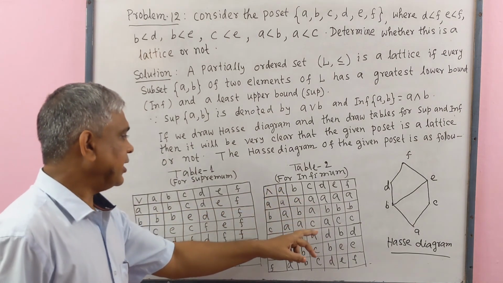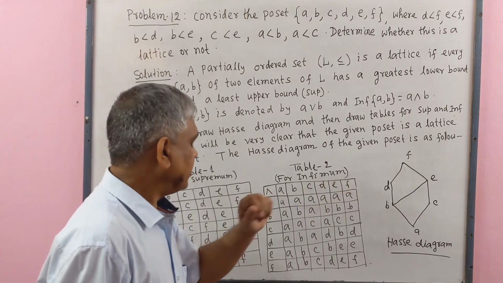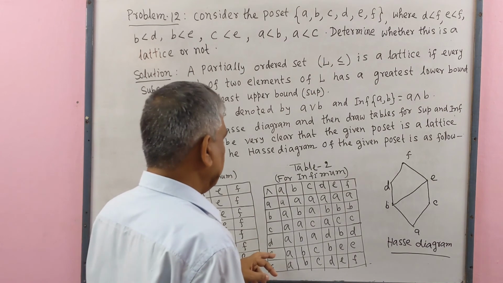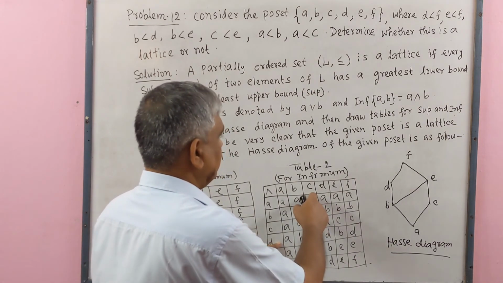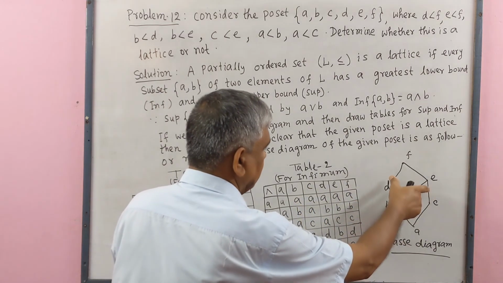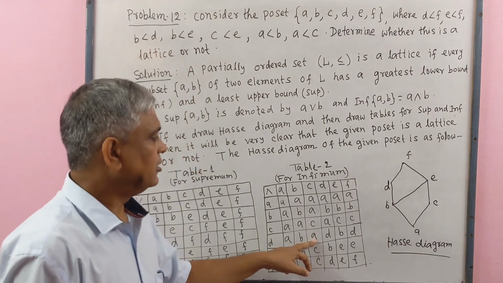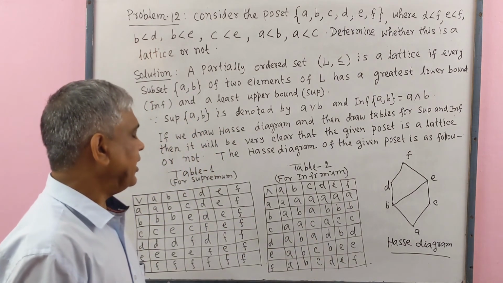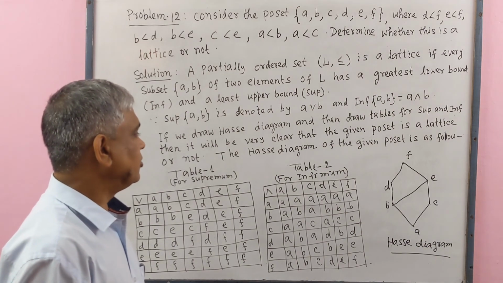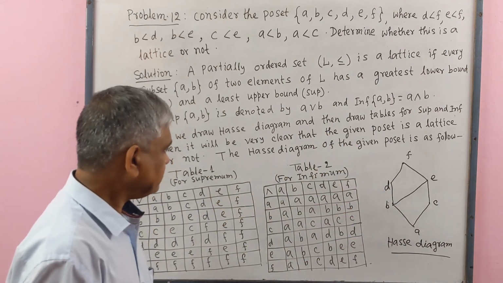Similarly, if we take any two elements, we get the infimum. For example, let D and C. D here, here C. We get the infimum A. Similarly, we may get the infimum of any two elements of the poset that is in the Hasse diagram.